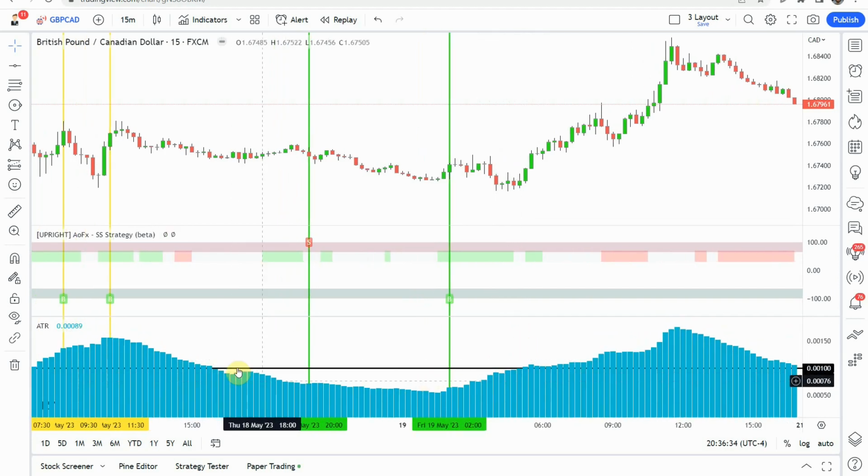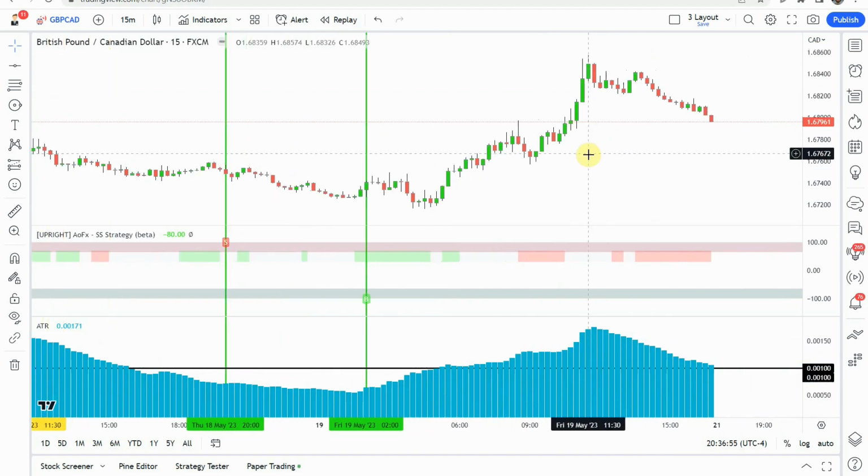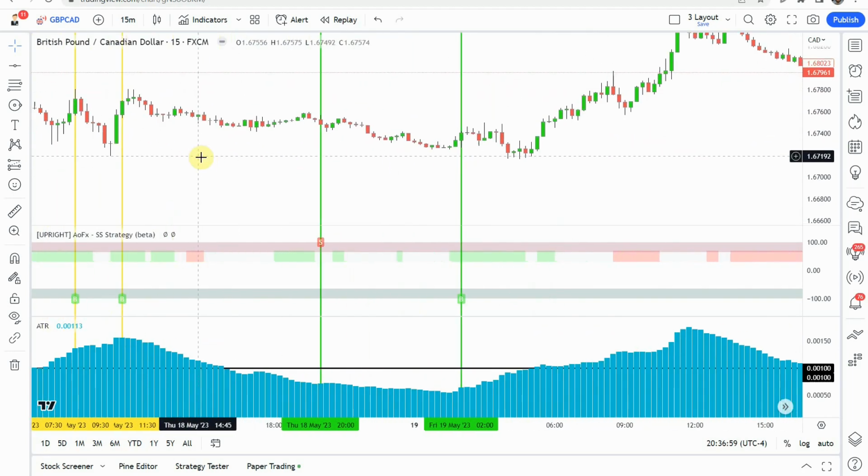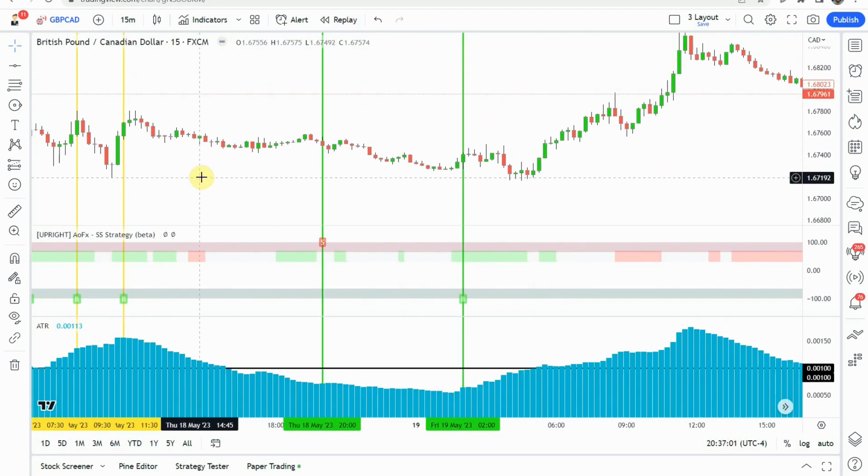When the columns are below this black line, that means the bars are pretty calm and we're not getting a lot of bars spiking outside of the average true range. And when the columns are above that line, that means we have a lot of volatility in the market and price is moving maybe more than what we want in order to enter into a trade.